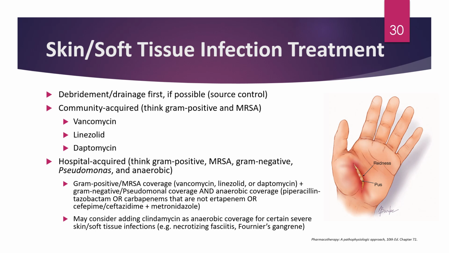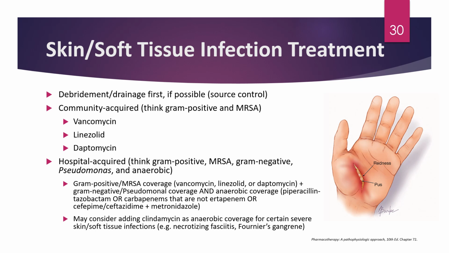The most common in practice are piperacillin-tazobactam, or Zosyn; carbapenems that are not ertapenem, remember, ertapenem does not have coverage for Pseudomonas; or a combination of cefepime or ceftazidime, either one of those, with metronidazole. Cefepime and ceftazidime don't have great anaerobic coverage, and the anaerobic coverage in that case is provided by metronidazole. Cefepime and ceftaz do have great gram-negative and pseudomonal coverage.